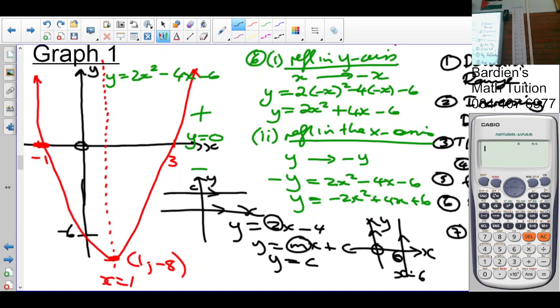Okay. So a non-linear curve such as a parabola does not have a constant gradient, which means to say that gradient is not the same all along. Like if we take it from this point and that point, you see that gradient here, if I must draw a line through there, that gradient there is going to be different to the gradient I'm going to draw here, or calculate here. Can you see that, people? However, we know that this gradient is going to be negative, and this gradient is going to be positive.